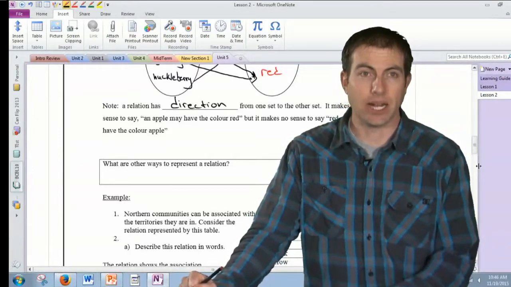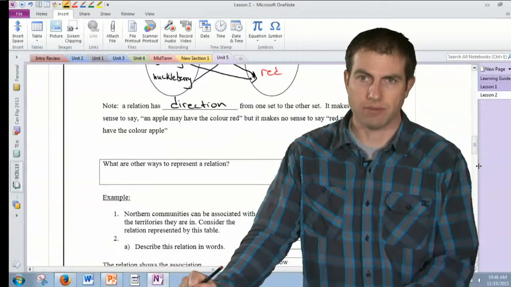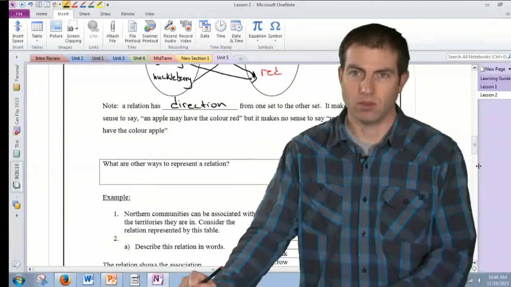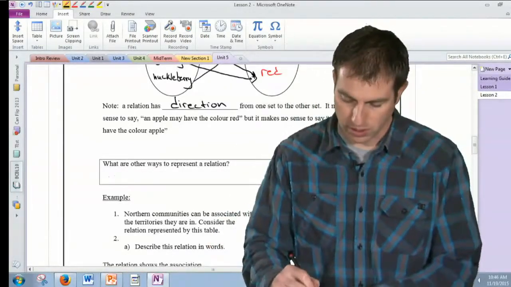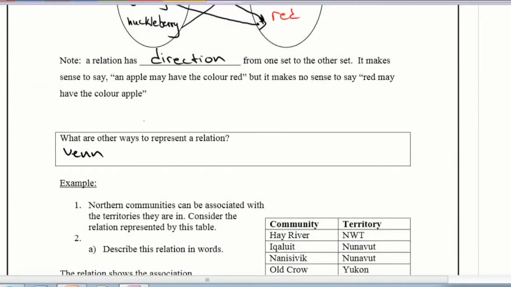A Venn diagram, a graph, by writing out words. Let's go with all those. I like Venn diagram. We could definitely use that. Alex has said by writing "an apple is red." Sure, so words. There's nothing wrong with some words. Avery, graph.